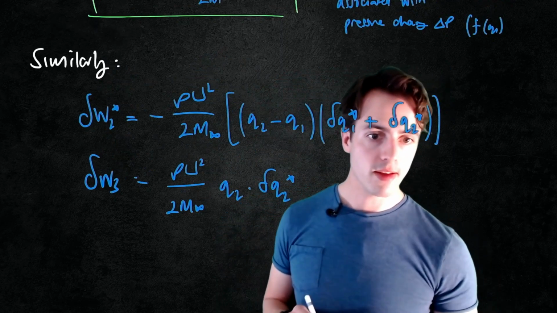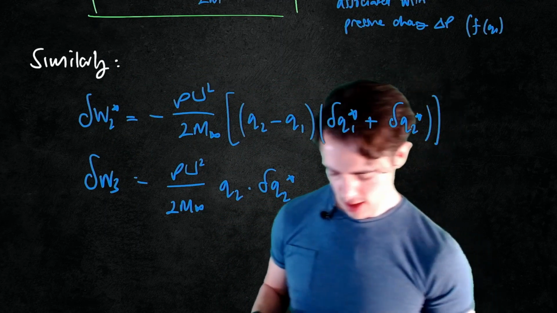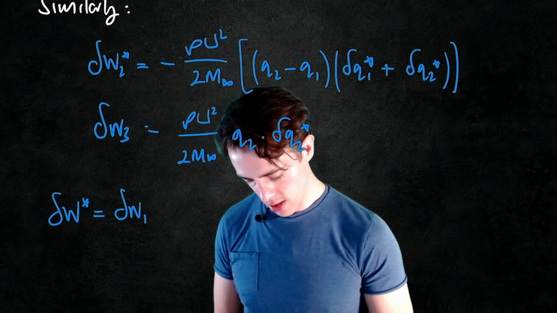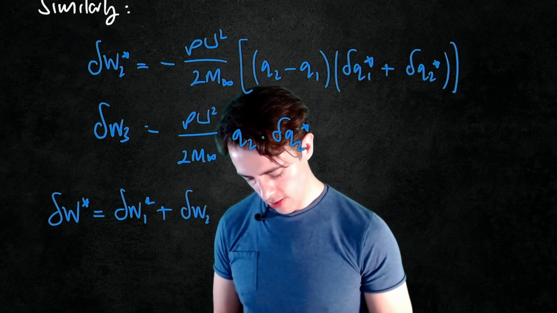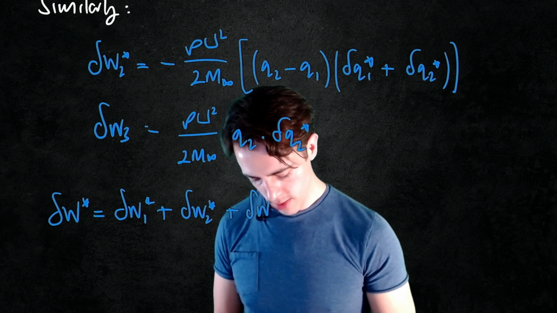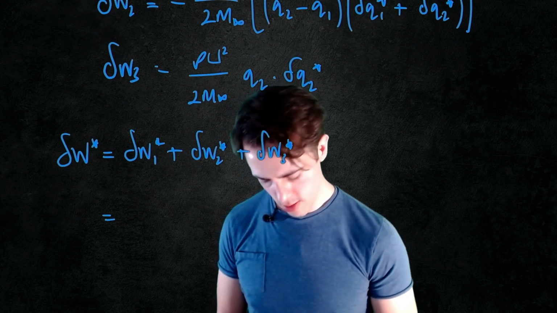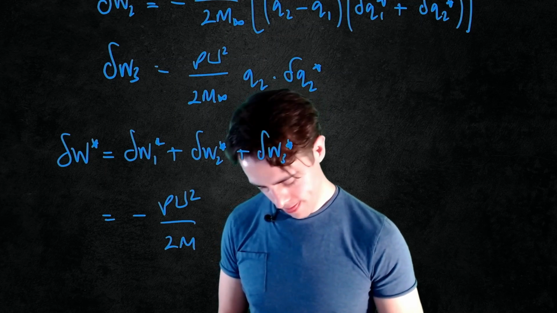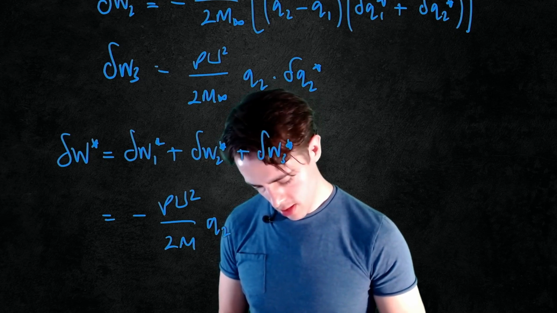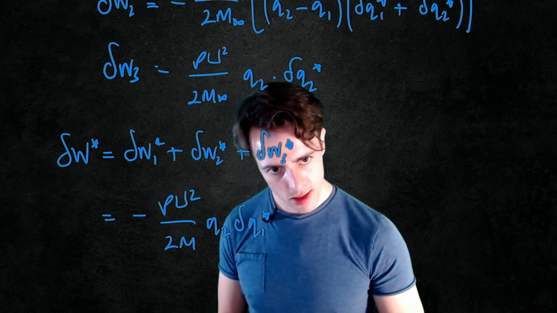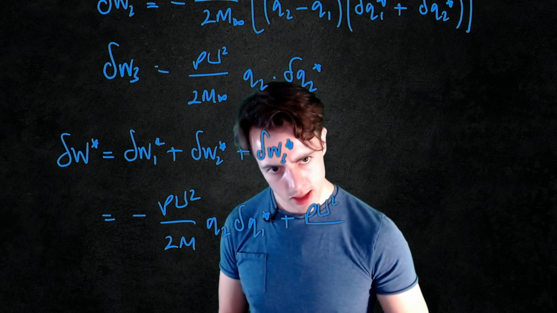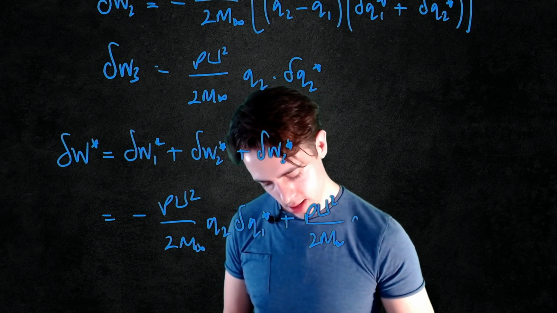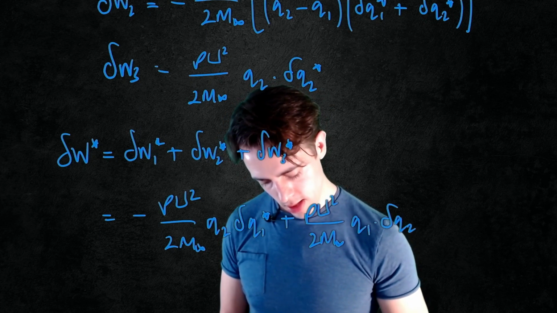So we add all of these things together and a lot of terms will actually end up cancelling. So we end up with total virtual work equal to total W1 star plus W2 star plus W3 star, and when we add all of these together we end up with minus rho u squared on 2 M infinity q2 delta q1 star plus rho u squared on 2, and again that should have an infinity because that's the Mach number, M infinity, q1 delta q2 star.